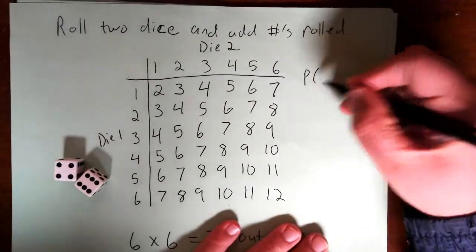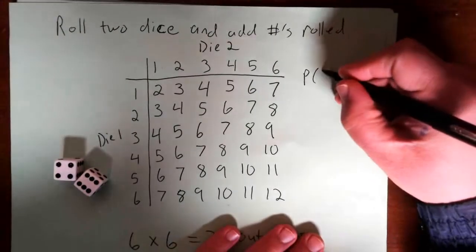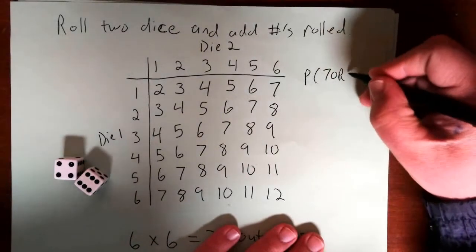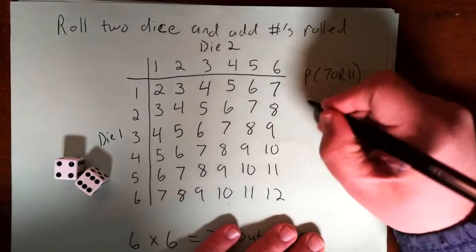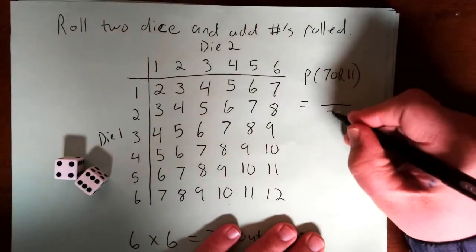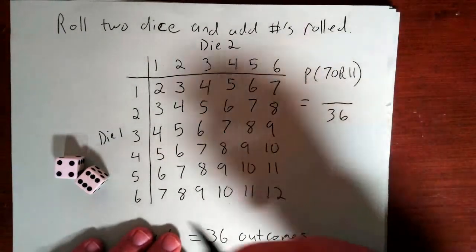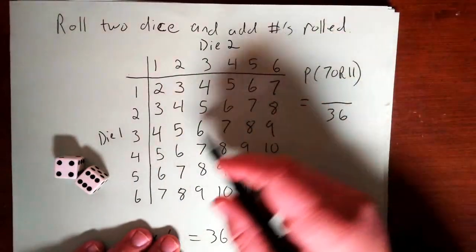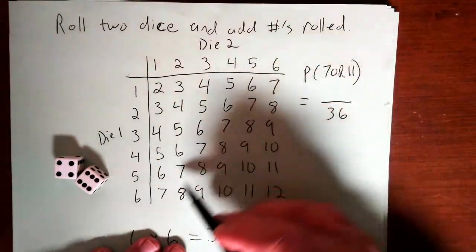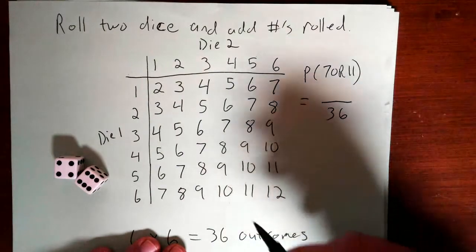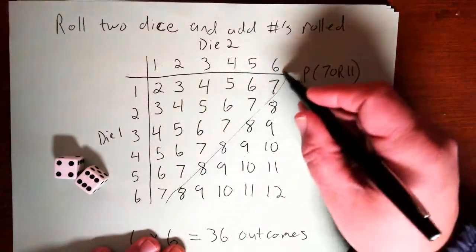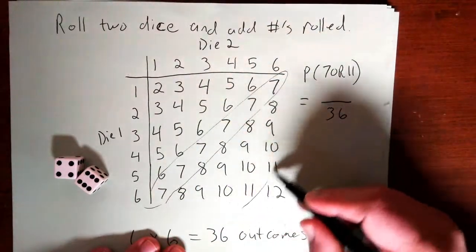So in that case, we might want to know what's the probability of rolling a 7 or an 11. Okay, so this would be out of the 36 outcomes, how many 7 or 11s are there? And there's actually 6 7s. If you notice, there's a pattern. They all lie on this diagonal, right? So there's like these 6 7s and these 2 11s.